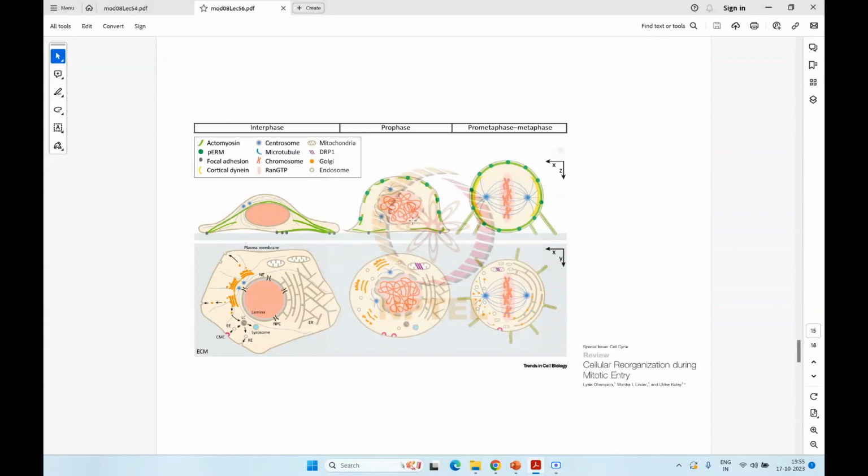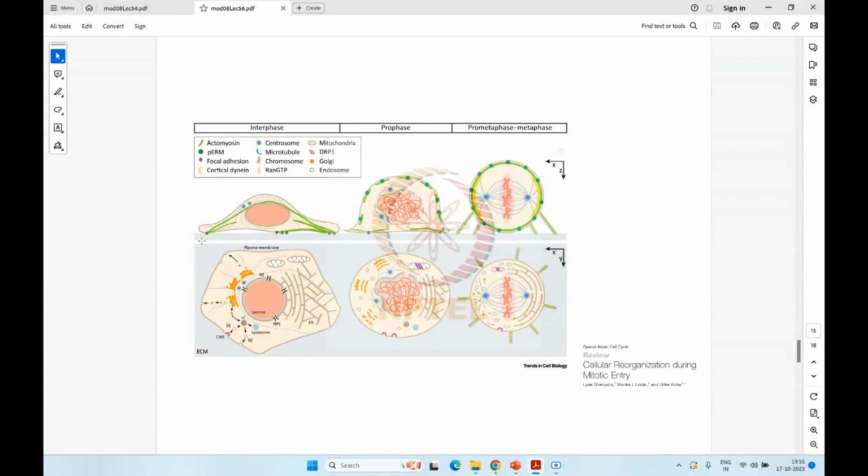After the division has occurred and the two daughter cells have formed, they again reattach to the substrate. This rounding up also happens if the cell is not on a 2D substrate, but rather in a 3D substrate.